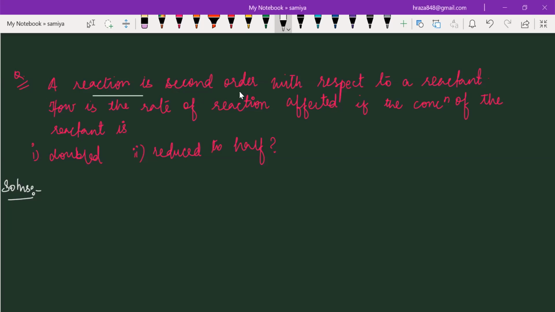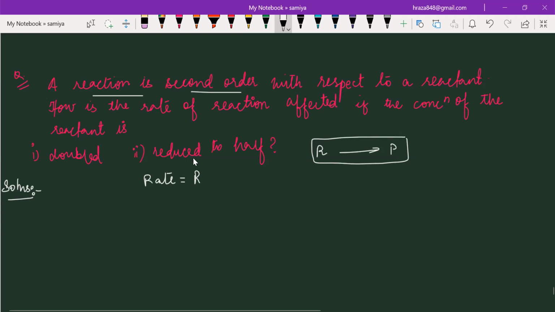A reaction is second order with respect to a reactant. Suppose there is a reaction R converting into product P. If it is a second order reaction, rate will be equal to rate constant times the concentration of reactant raised to the power 2, and this 2 shows that it is a second order reaction. This is your rate R, equal to K times R squared.